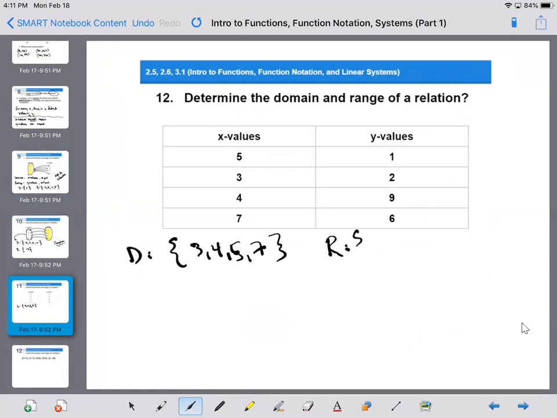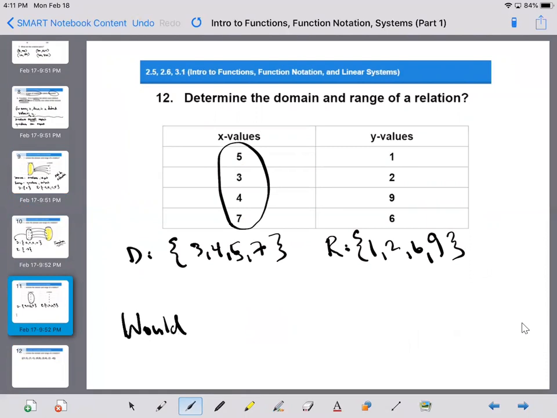And the range would be 1, 2, 6, and 9. Notice there's no repetition in the x values here, so this would definitely be a function.